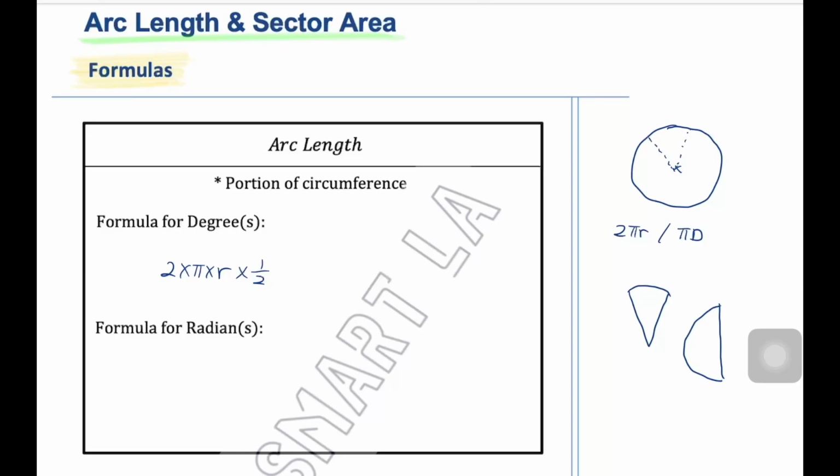So with that, I want to show you how to calculate this arc length using a very similar formula, but instead of putting half, we will be putting a fraction based on the degree. For a semicircle, the angle here is going to be 180 degrees.